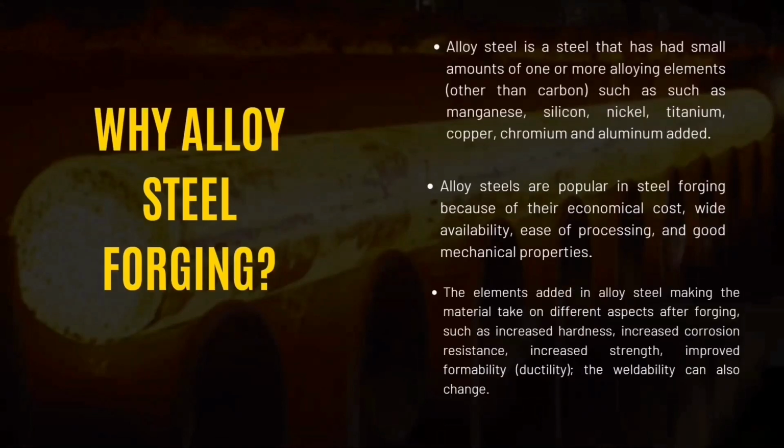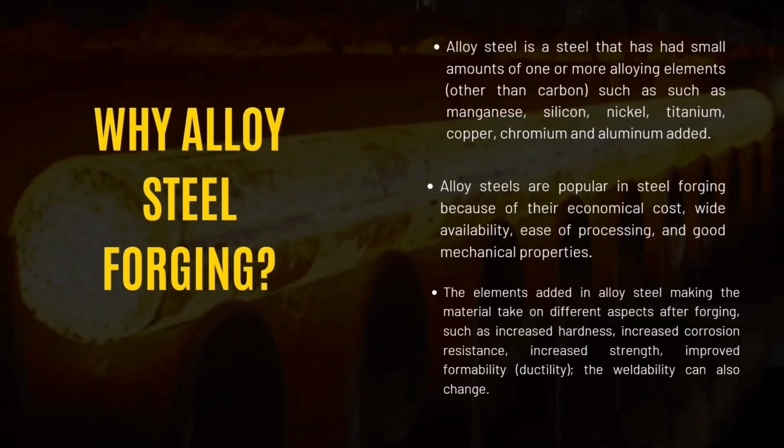Why alloy steel forging? Alloy steel is a steel that has had a small amount of one or more alloying elements other than carbon, such as manganese, silicon, nickel, titanium, copper, chromium, and aluminum added. Alloy steels are popular in steel forging because of their economical cost, wide availability, ease of processing, and good mechanical properties.